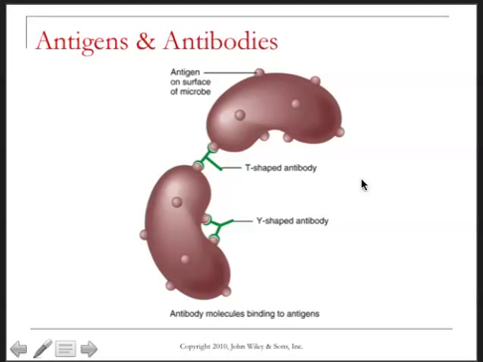This is the antibodies binding to the antigens, and here you can see two pathogens, these little kidney-shaped bad guys, bound to each other, and you can imagine that you can bind 2 to 3, 3 to 6, 6 to 12, and eventually the whole complex gets so large that the whole thing just falls out of solution and is easy pickings for a wandering macrophage.